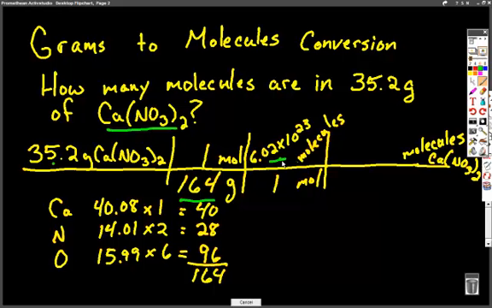Make sure that you're following the proper units. The answer that I am getting is 1.29 times 10 to the 23rd molecules of Ca(NO3)2. So that's how we go from grams to molecules.